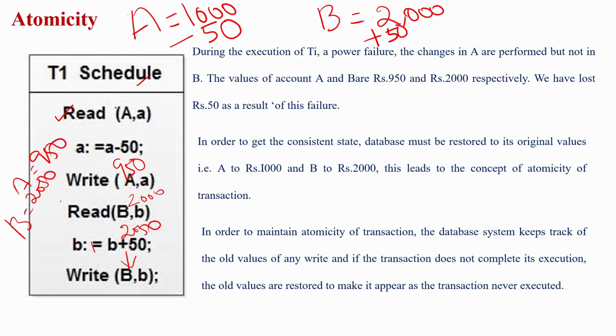If any system crash or failure happens during this operation, one value will be updated in the table and the other will not be updated. The atomicity property says that the operations in the particular process should be completely done, that is, successfully complete the execution, or otherwise we have to roll back the process.